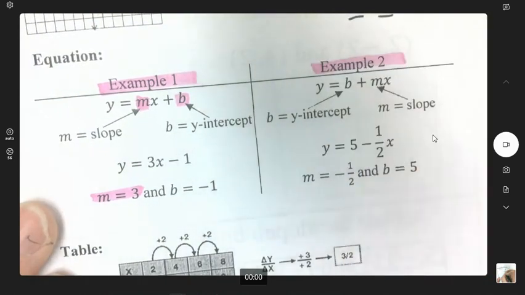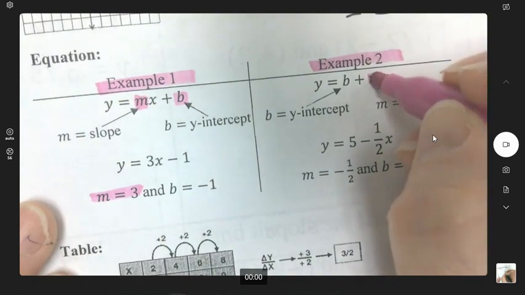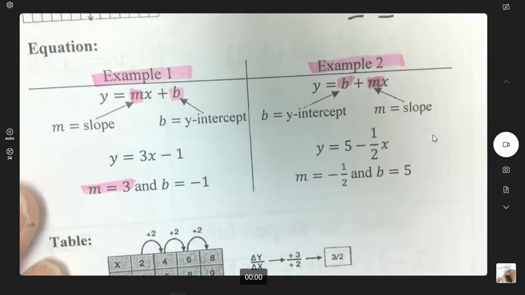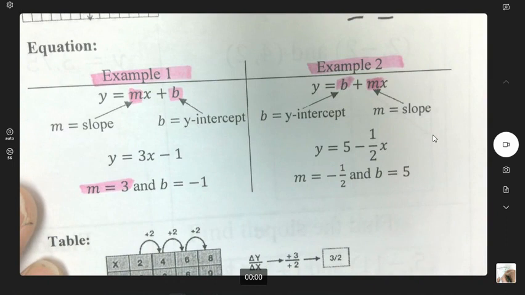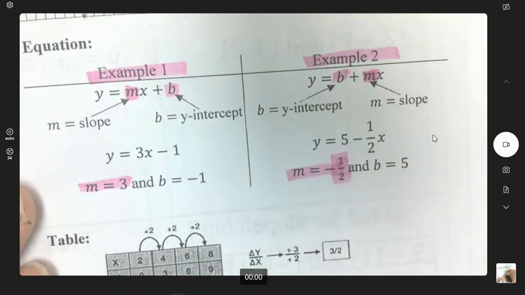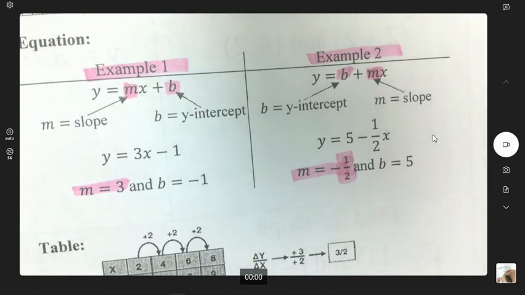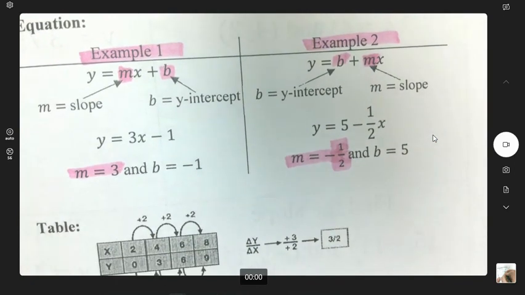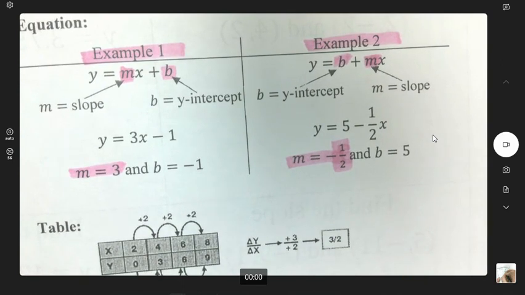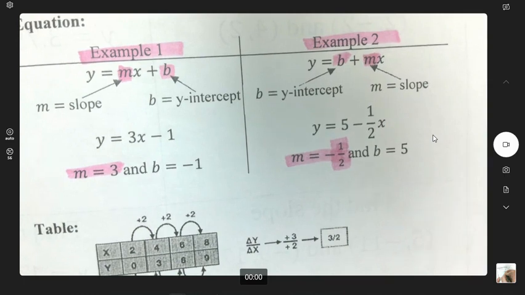So for example, if it's reversed, m is still slope. Whatever value is in front of x is still your slope. So in this case, m is negative 1/2. If it's not written in y equals mx plus b, you may have to simplify the equation.